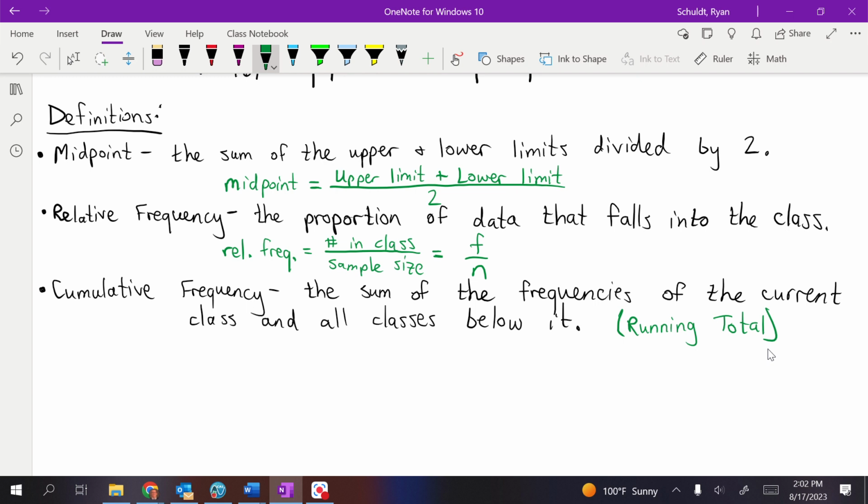The cumulative frequency is like the running total. And then the last definition for this bit is class boundaries. These are the numbers that separate classes without forming gaps.